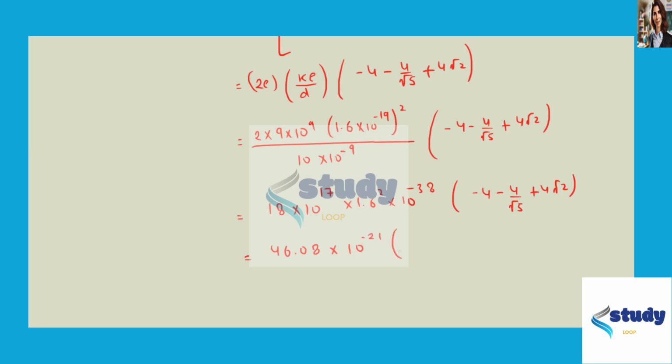And this approximation, 4 over root 5 minus 4 root 2, is going to be negative 0.13. If we multiply this with 46.08, the final answer we are getting is 6.08, definitely with a negative sign, times 10 raised to minus 21 joules. So this would be the required work done in shifting the alpha particle from the center to the middle point of any one side. Thank you.